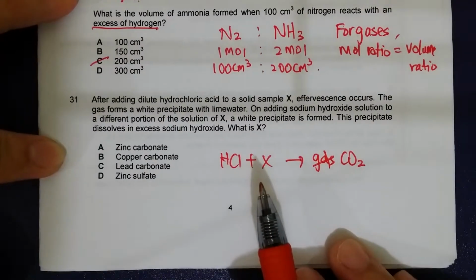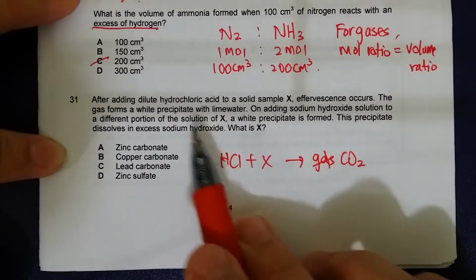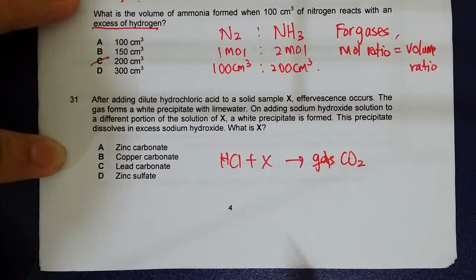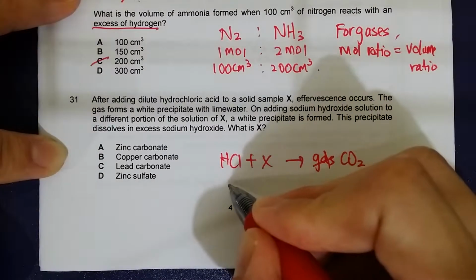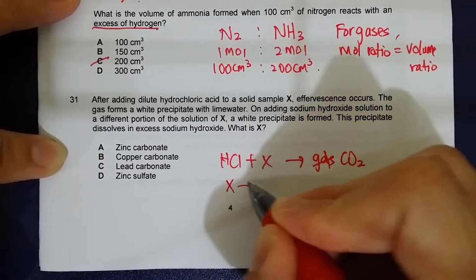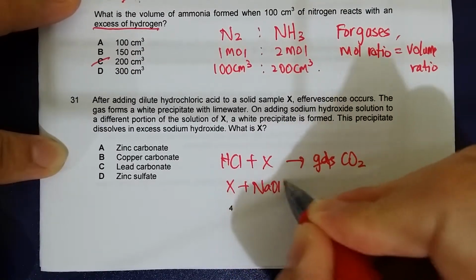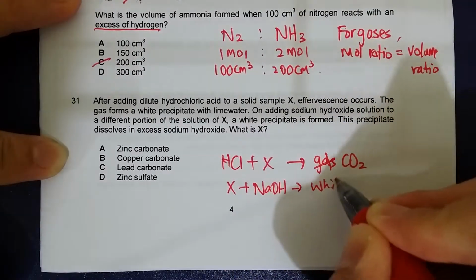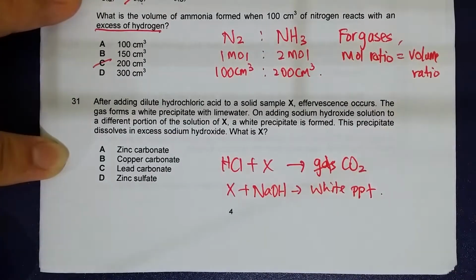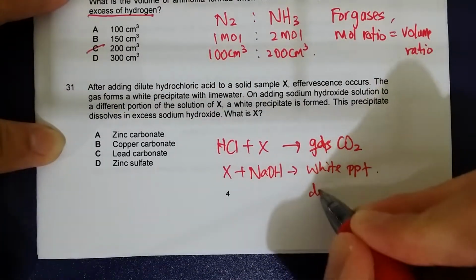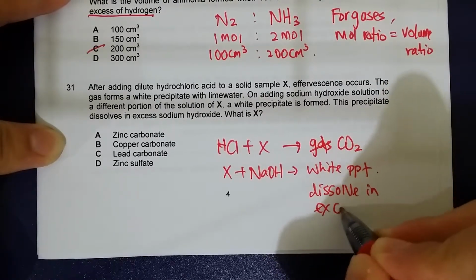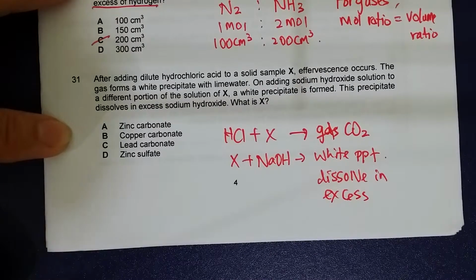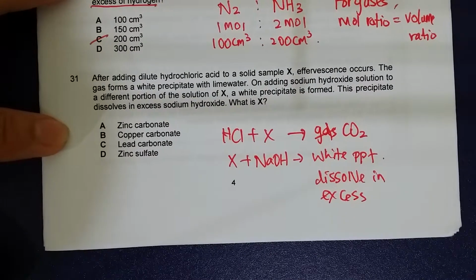On adding a sodium hydroxide solution to a different portion of a solution of X, a white PPT is formed, and this white PPT dissolves in excess. Okay, this is a summary of the question, and the question asks you what is X.